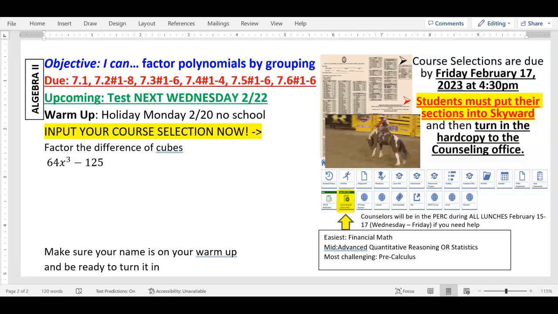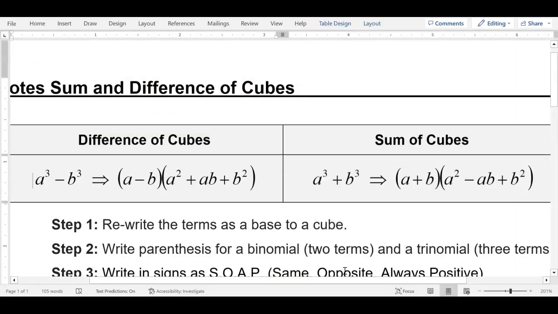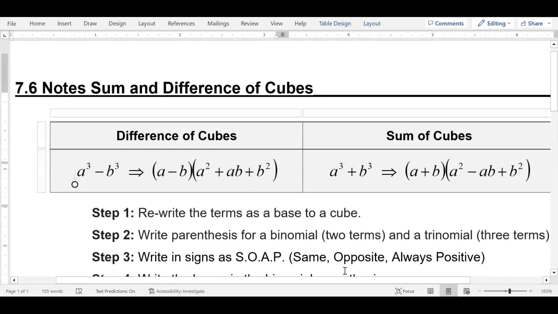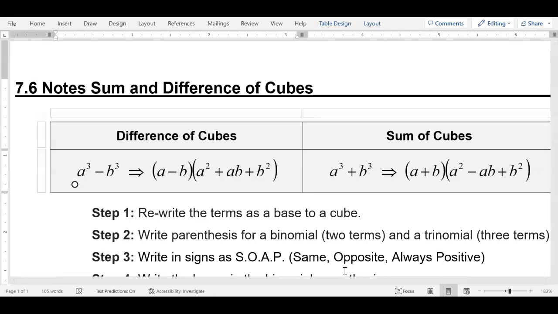Please remember, we did two things: the sum of cubes and the difference of cubes. Let me pull this up real quick. Do you remember these two formulas from yesterday? Do you see in between these is a minus sign? That's difference, and that formula is different than over here when you have a plus sign.